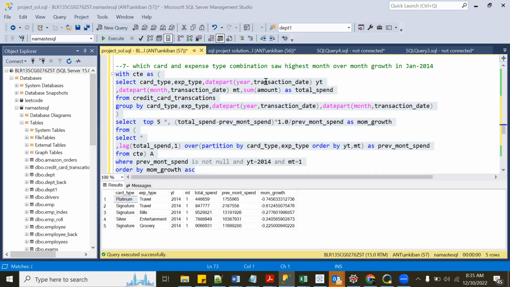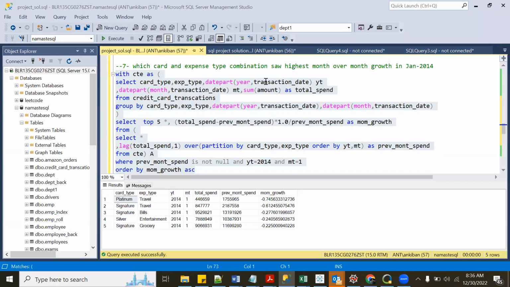And then you are doing lag, card type, expense type, order by year and month. Okay, fine. Then you are saying where LG is not null, which is fine. Then you are doing SUM, I think this is fine. Divide also you have to do. We have to find growth, so divide by LG also you have to do.